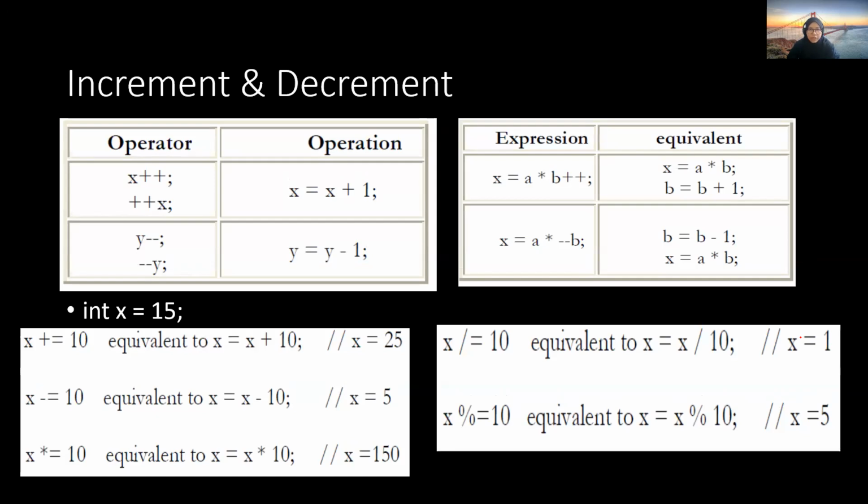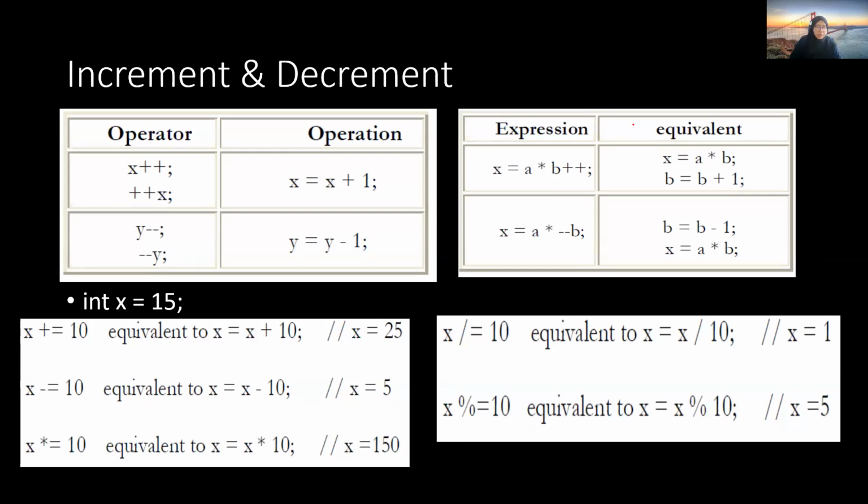Okay, increment and decrement operator. I think many of you have seen this, but it's okay, this will be some refreshment. x plus plus or plus plus x. x plus plus is called post increment. What does it mean by post? Because you add after that.